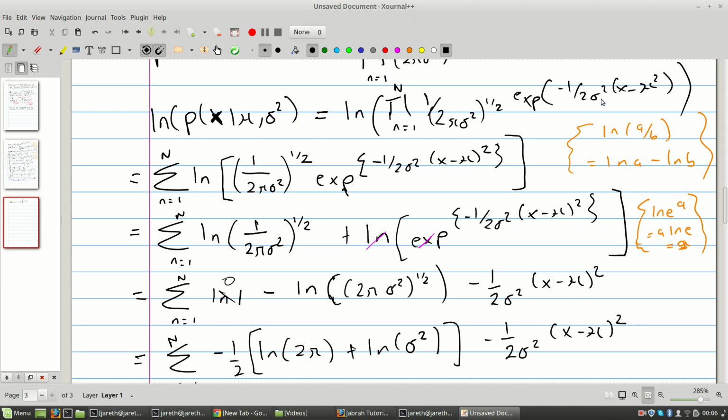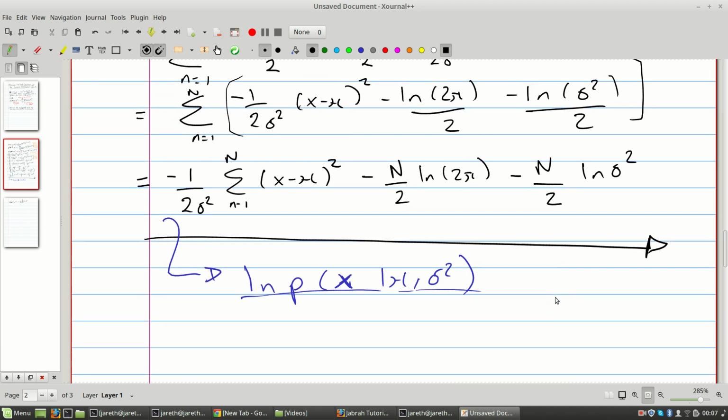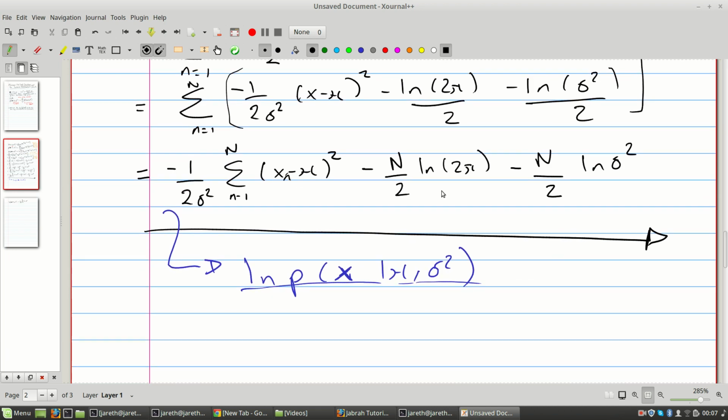This should be xn, right, every point here, because it's all part of the summation, because we have xn everywhere. So this should be xn. So just correct that.